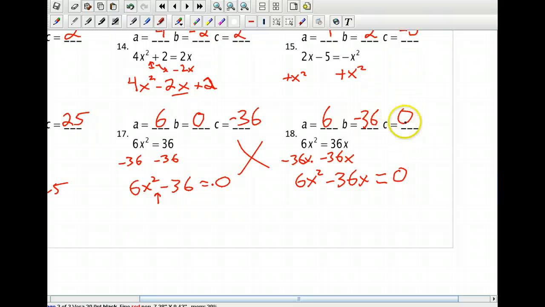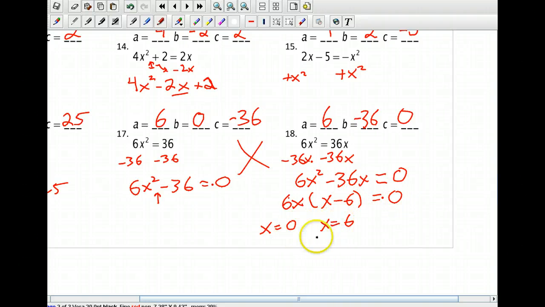If c is 0, then we have to just use GCF. So we factor out a 6x as a GCF. And 6x times what is 0? 0. What minus 6 is 0? 6. So your x-intercepts are 0 and 6.